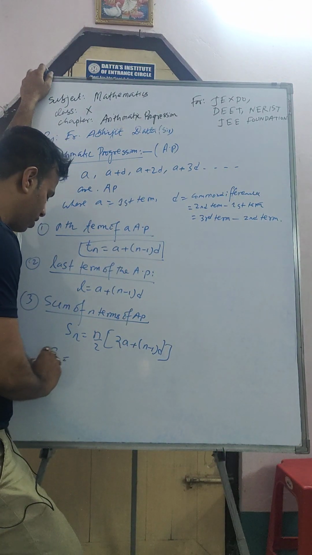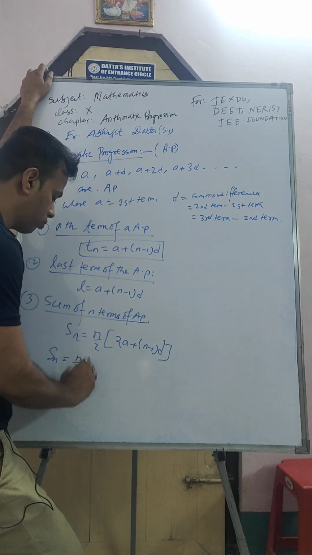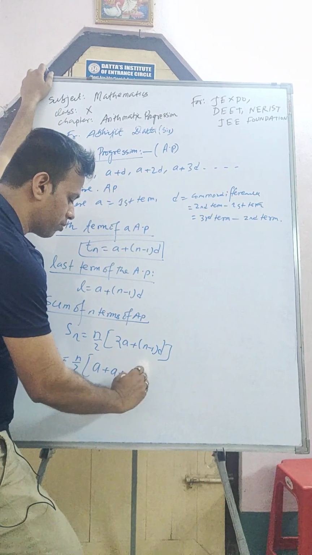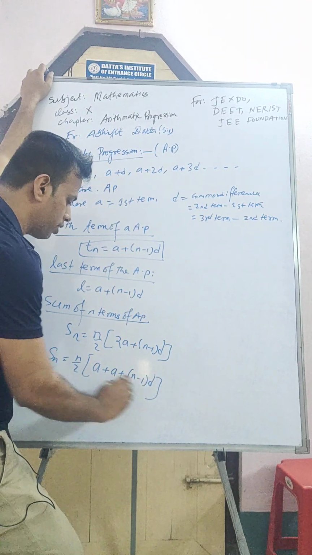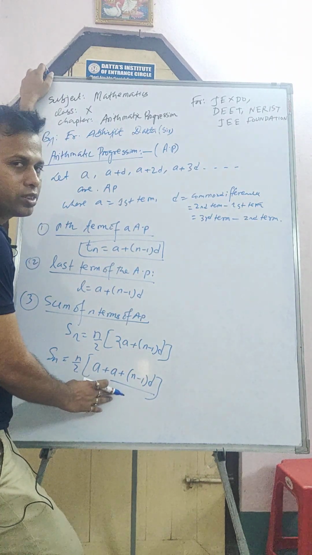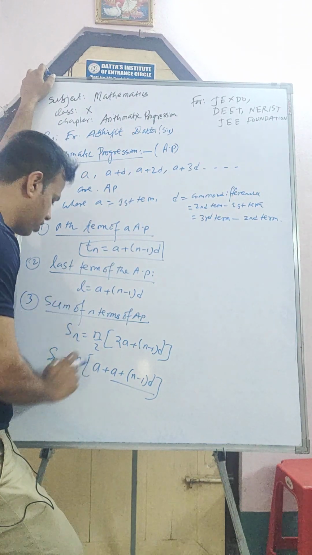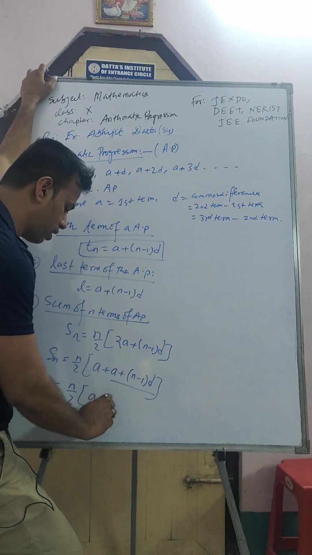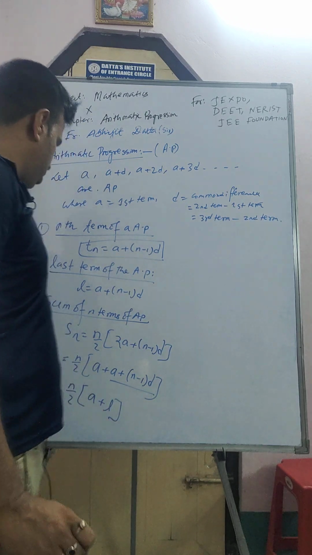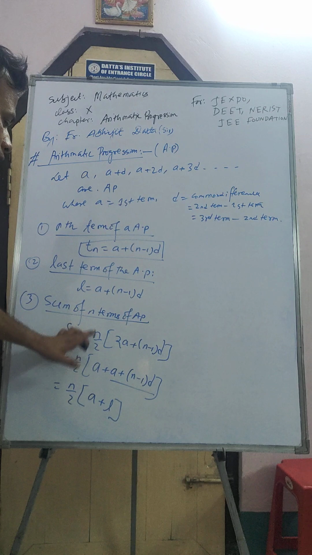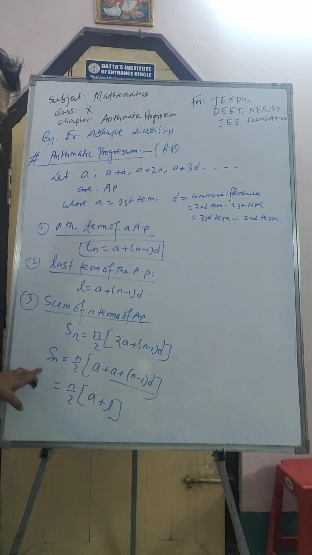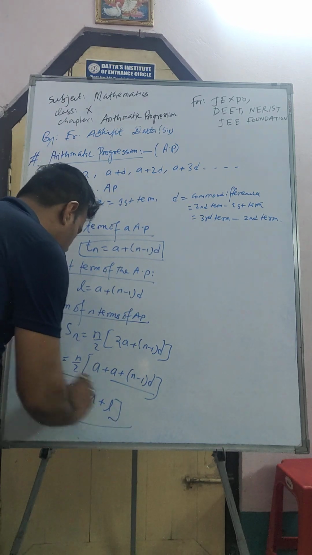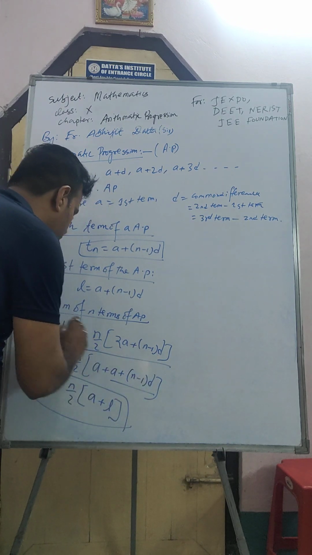So we can write n by 2 times a plus n minus 1 into d, and this a plus n minus 1 into d I can write as L. Okay, so n by 2 into a plus L. So Sn we can write as n by 2 into 2a plus n minus 1 into d, or n by 2 into a plus L also. So these are the two formulas for the summation of n terms of an AP.